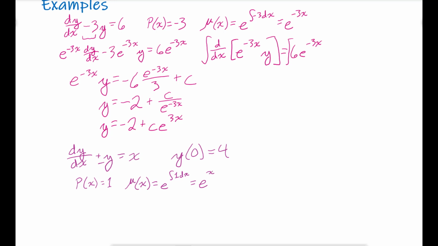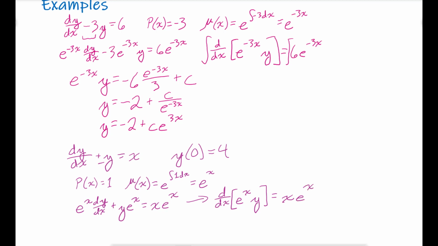So now we need to multiply our entire function by e to the x. So we'll have e to the x dy dx plus y e to the x equals x e to the x. Now again, I can rewrite this as d dx of e to the x y, and it's going to equal my right-hand side unchanged, x e to the x.